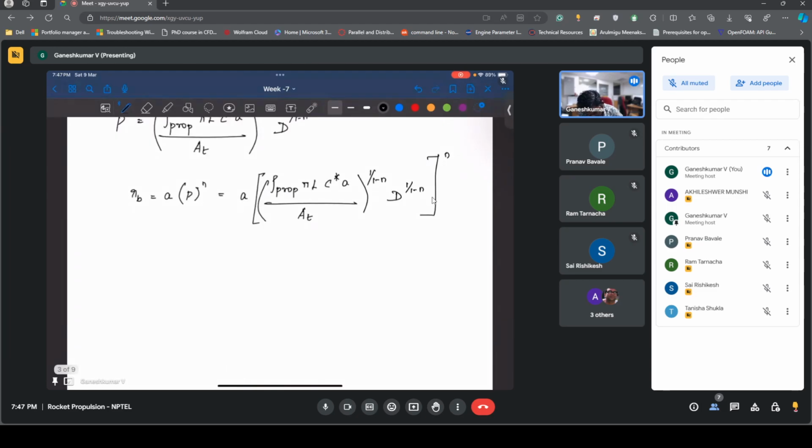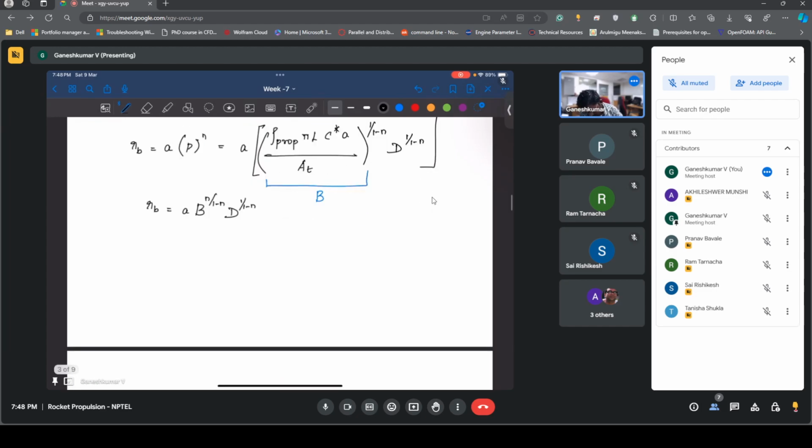You can add these two together, and we can take this as some factor, let's take it b, since we are using a everywhere. So you can write this as a into b power n by 1 minus n into d power 1 by 1 minus n, and this is going to be equal to dr by dt.